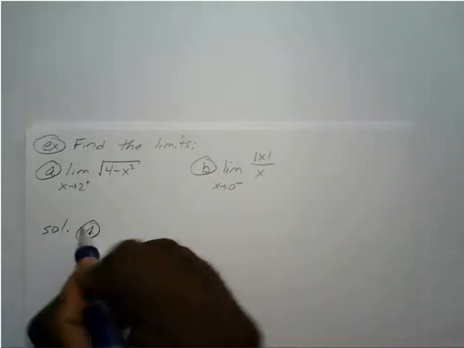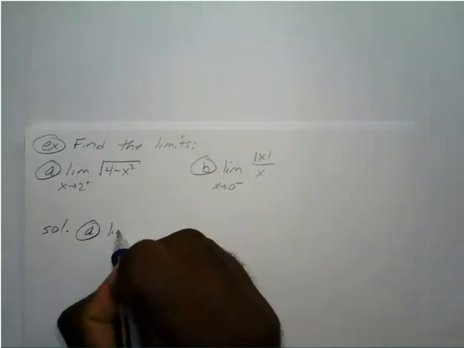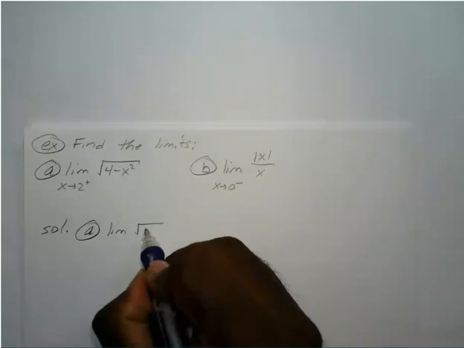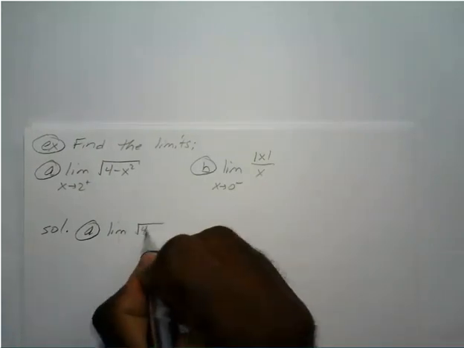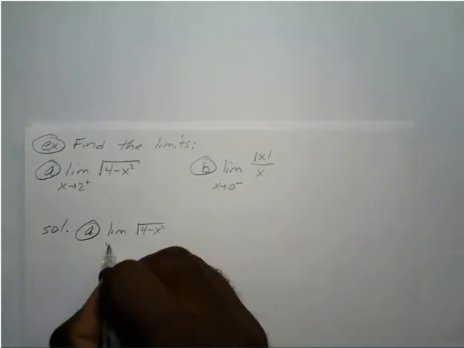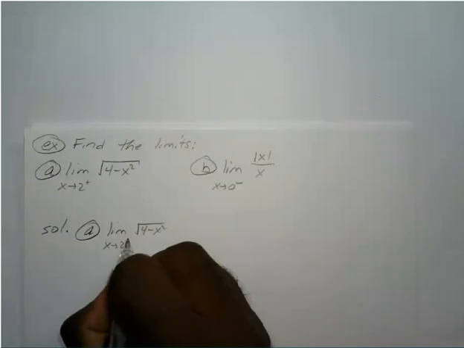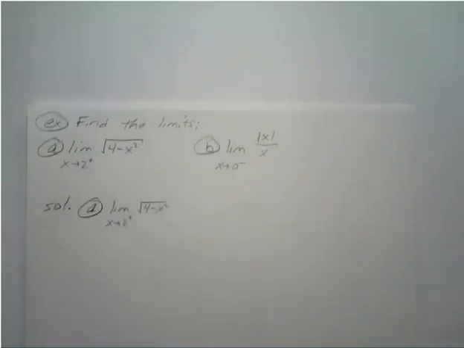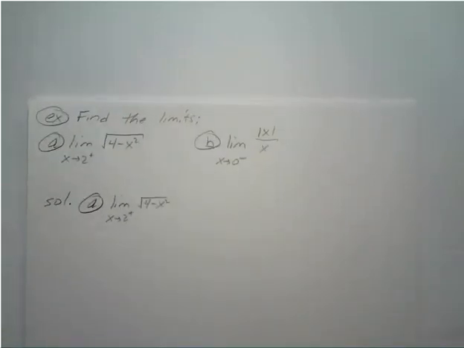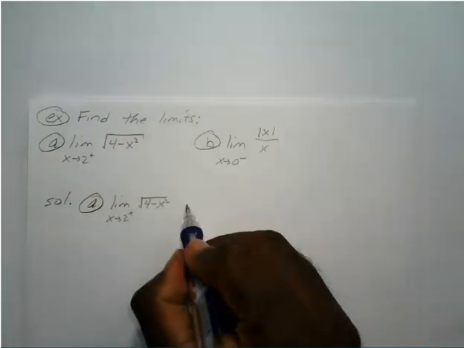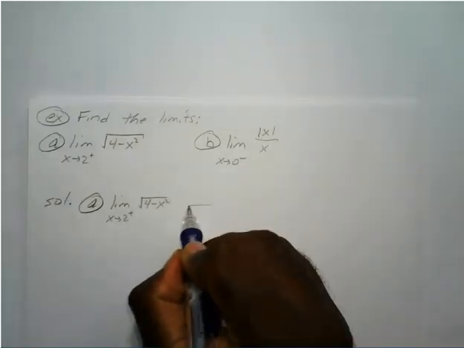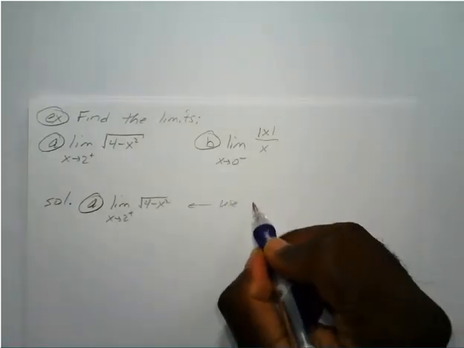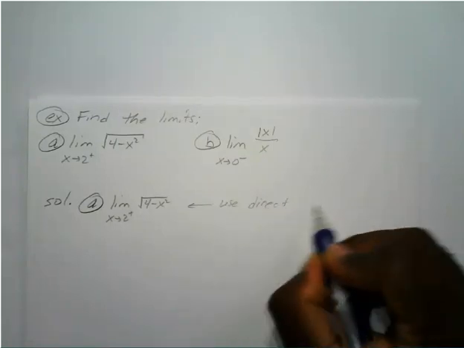Okay, so for problem A, you have the limit of the square root of 4 minus x squared as x approaches 2 from the right. We're just going to go ahead and plug it right on in, so use direct substitution.